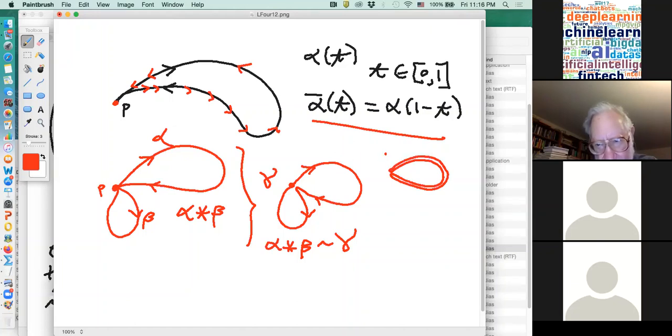So this is equivalent to alpha alpha bar, where I deformed it a little bit. Now I deform it a little bit more. I go all the way out, but I don't go all the way to the base point. I just go part way and I'm parallel and come back over here like that, you see? And then I'm going to do this even a little nearby, right? Just keep contracting that, until finally I have this, and then I have this, and then I have this, and finally I have the identity.